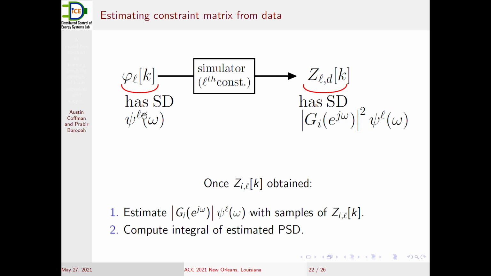And so to see why, imagine you have a signal and it has this spectral density. It's the same thing as before. You can simulate, and what comes out of the simulator also has a certain spectral density.